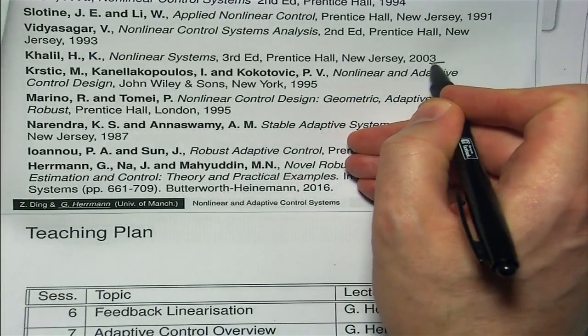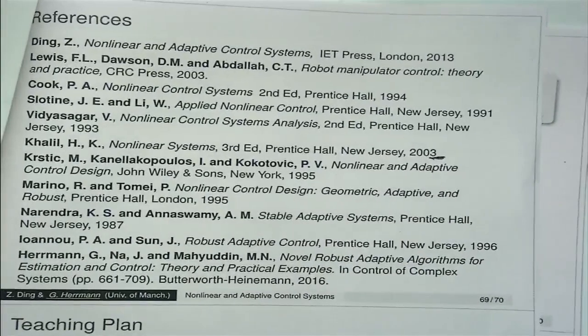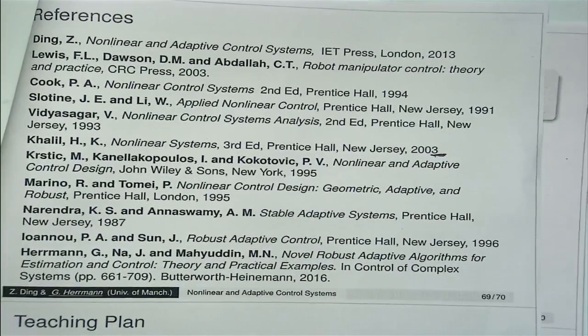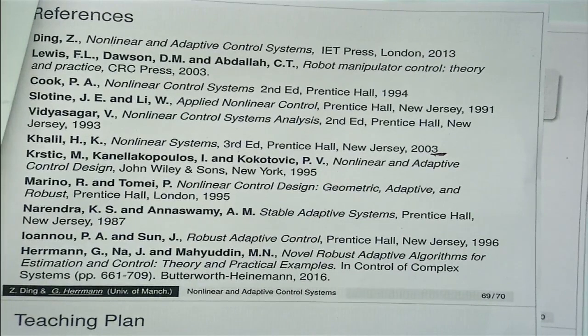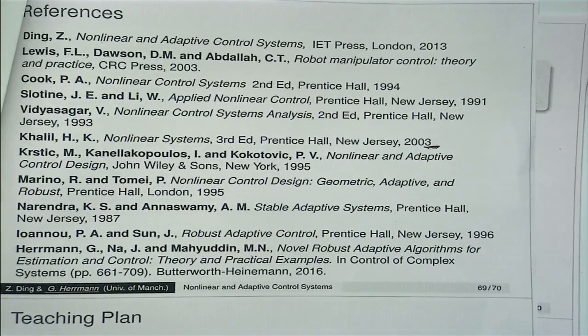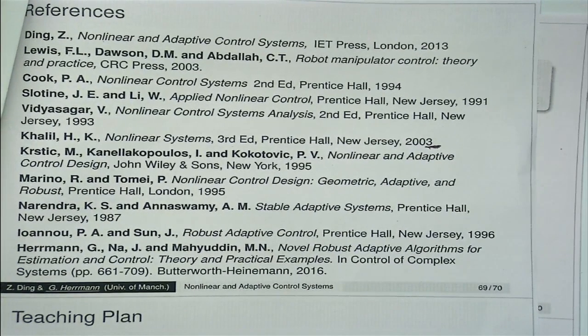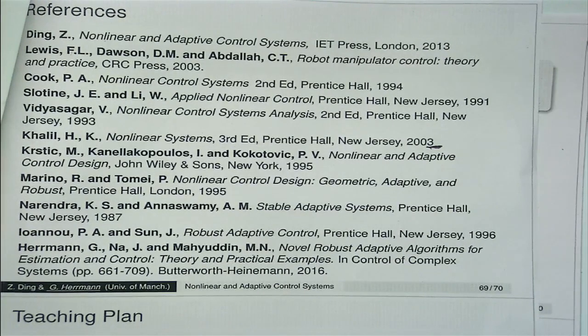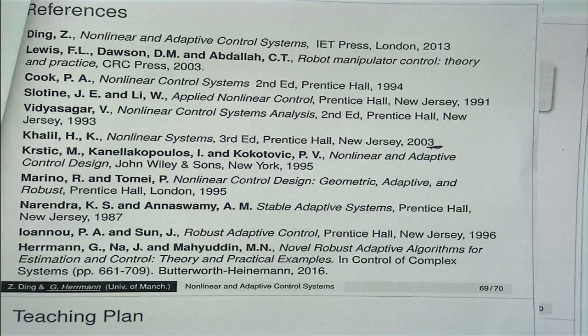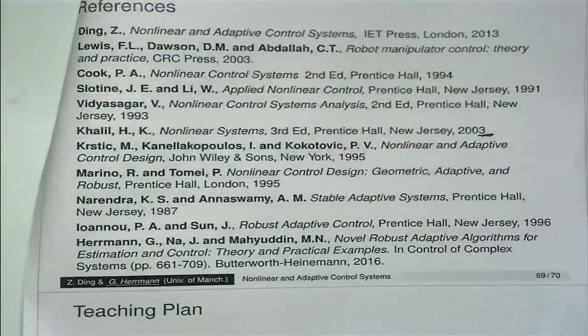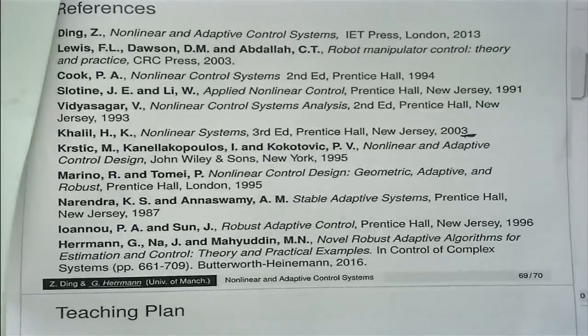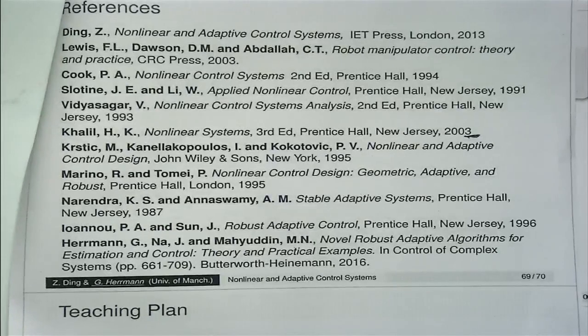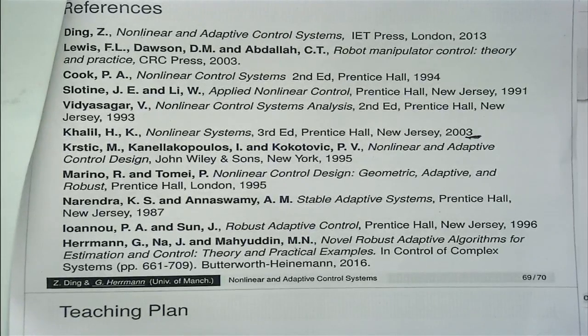Khalil is written here, it's 2003, but there are so many new updates of Khalil's book. His book has been quite generic and excellent, because it's rigorous, but even though it's rigorous, I still feel it's quite sensible to read.